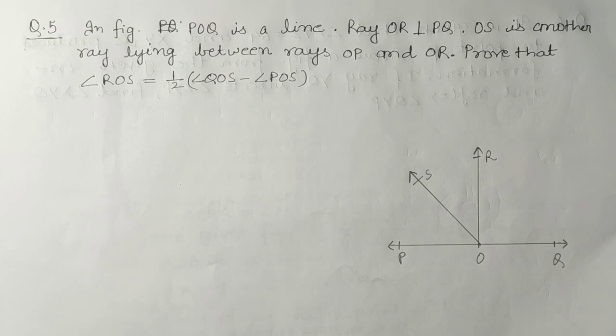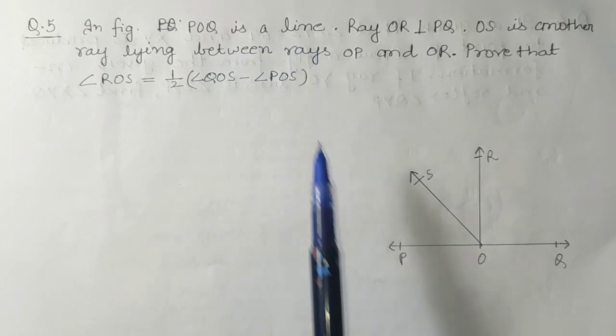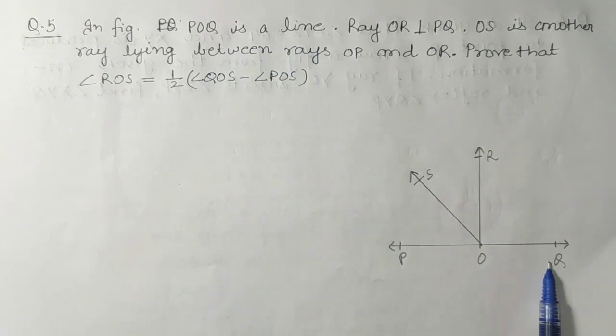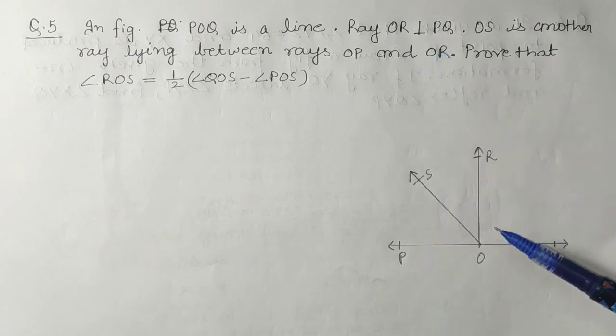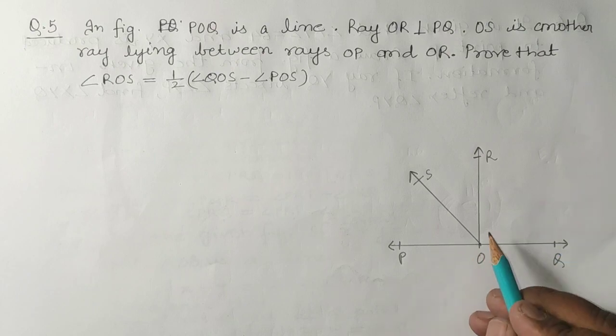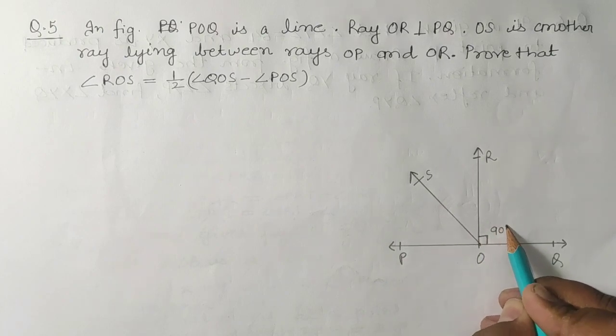Now students, coming to question number 5. The question is, in the figure POQ is a line. See here, POQ is a line. Ray OR is perpendicular to PQ. This OR ray is perpendicular to PQ. What is the meaning of perpendicular to? Perpendicular to means this angle will be 90 degree.